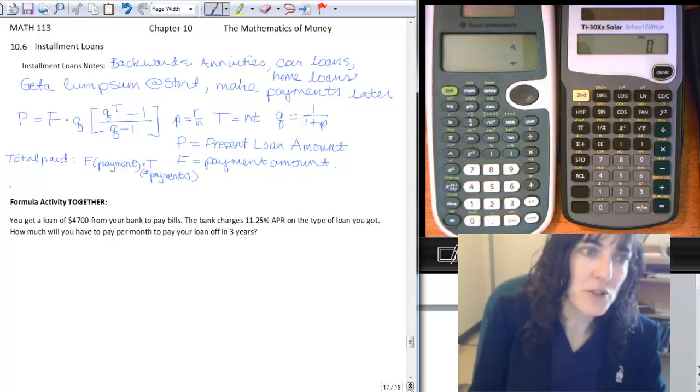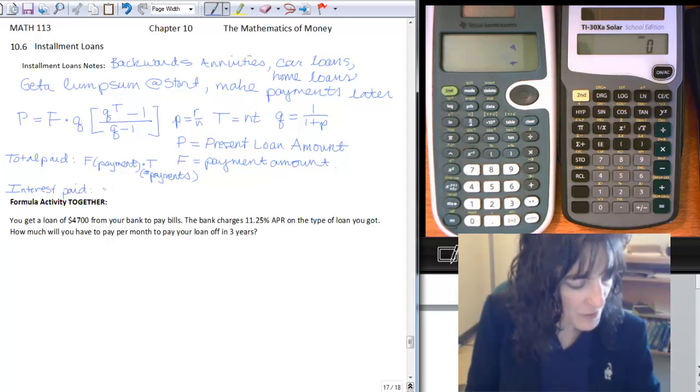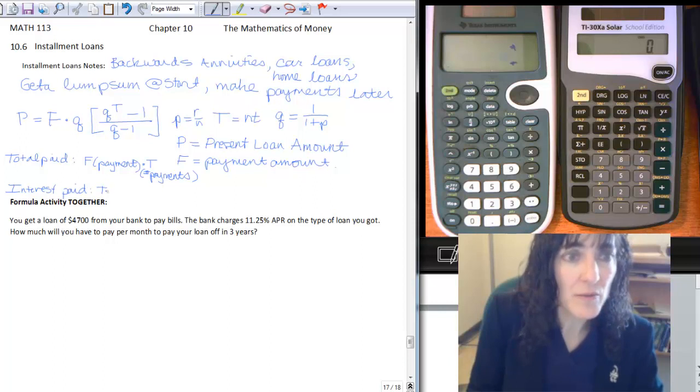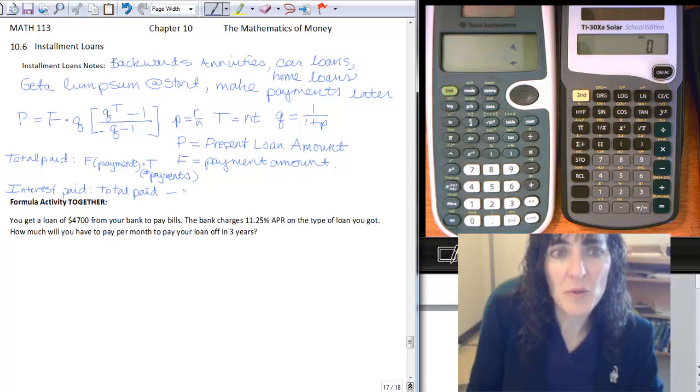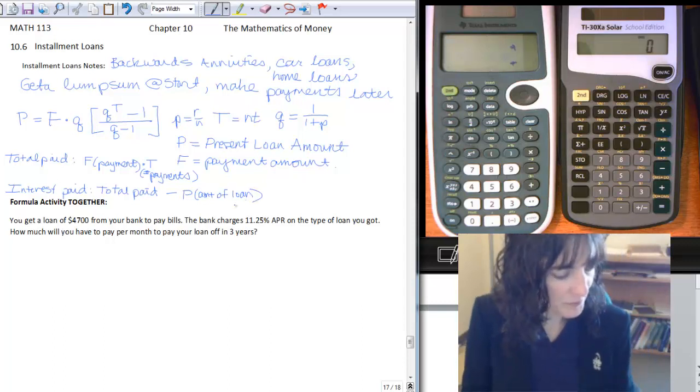And then the interest paid, if you need to find that, is going to be the total paid minus the capital P, the amount you financed, the amount of your loan.